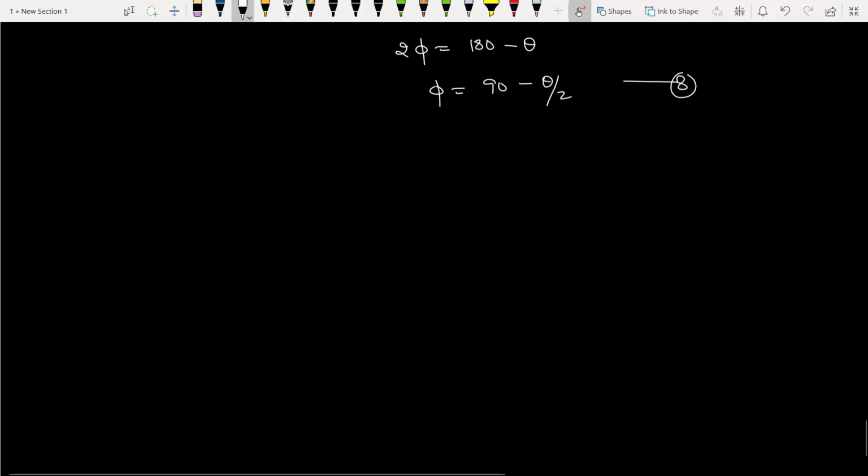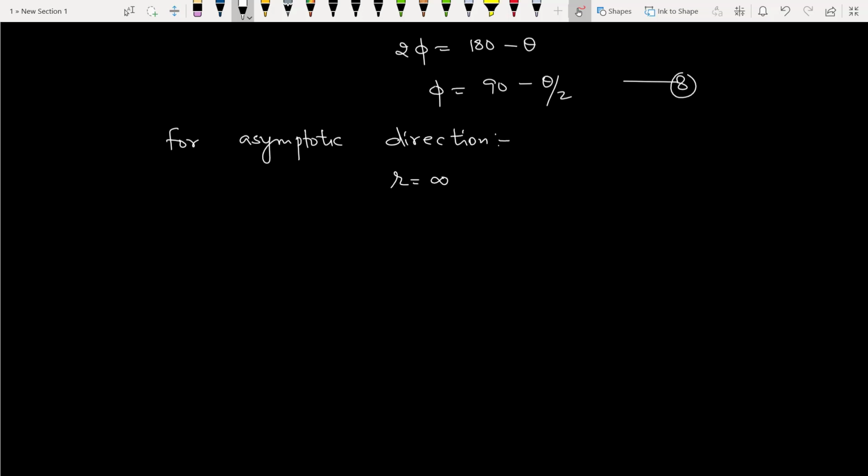So for the asymptotic solution, when the particle is at infinity, the angle is equal to phi. Scattering angle is equal to phi.